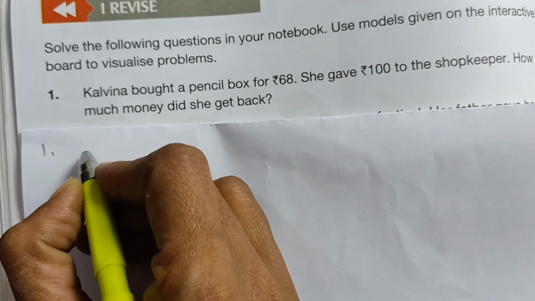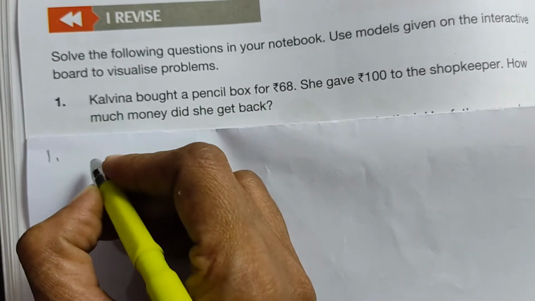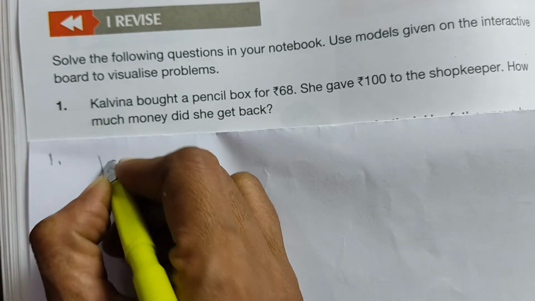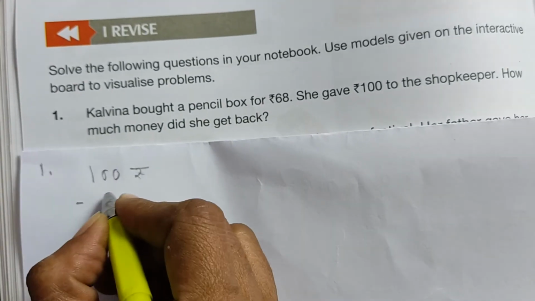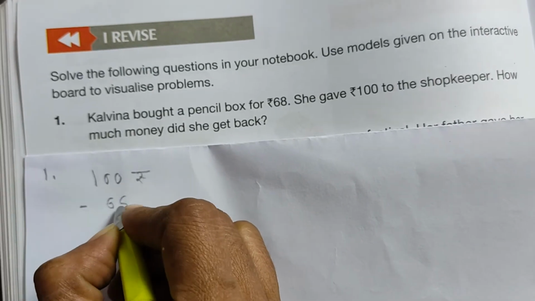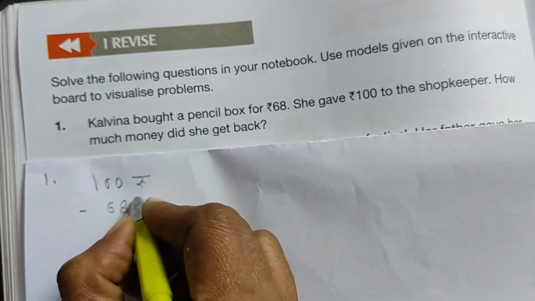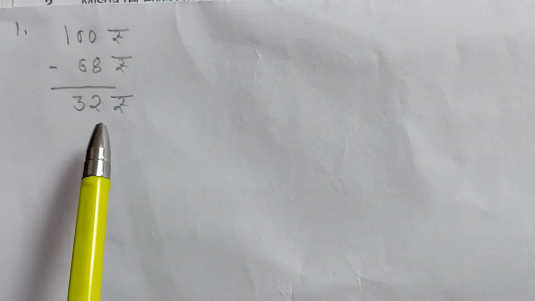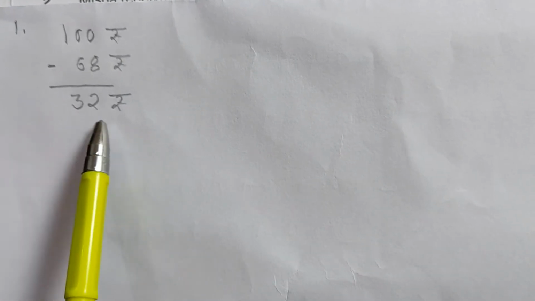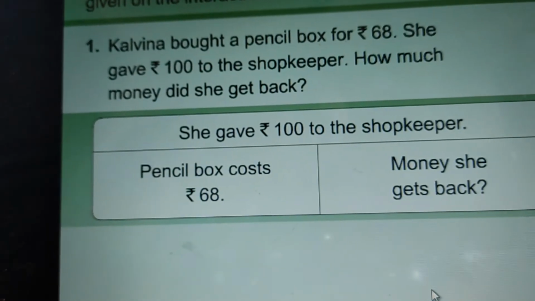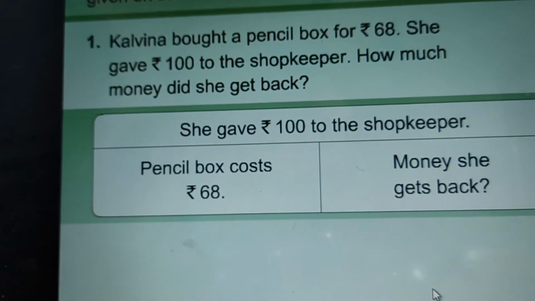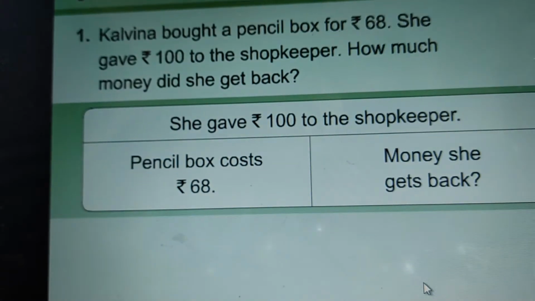So children, 100 rupees minus 68 rupees. The answer is 32 rupees. So children, 32 rupees she gets back from the shopkeeper.